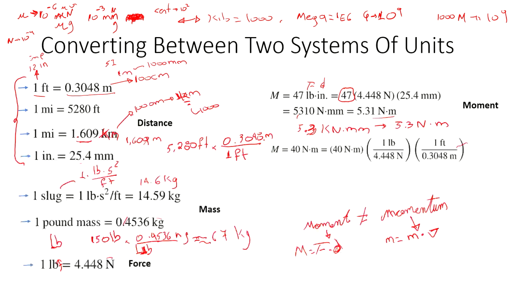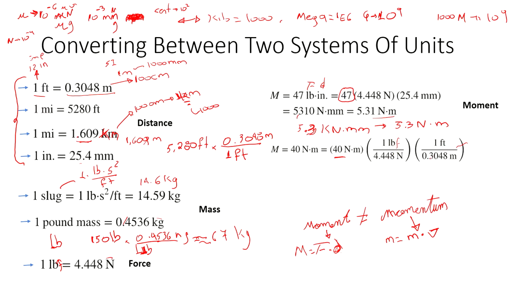Very easy. The other way around, if you want to transfer 40 newtons per meter to pound feet or pound inches or whatever you want to do, is just following the parameters that we already know. 40 is the magnitude, we don't change that. And we know that 1 Newton is 1 pound force.